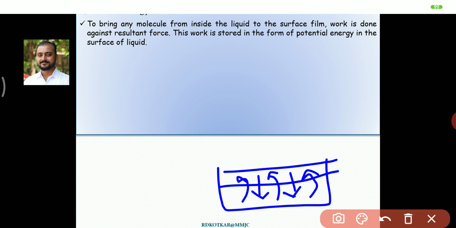When these molecules move upward, they have to do some work against the resultant force, and this work done is stored in the form of potential energy in the surface film or at the surface of the liquid.